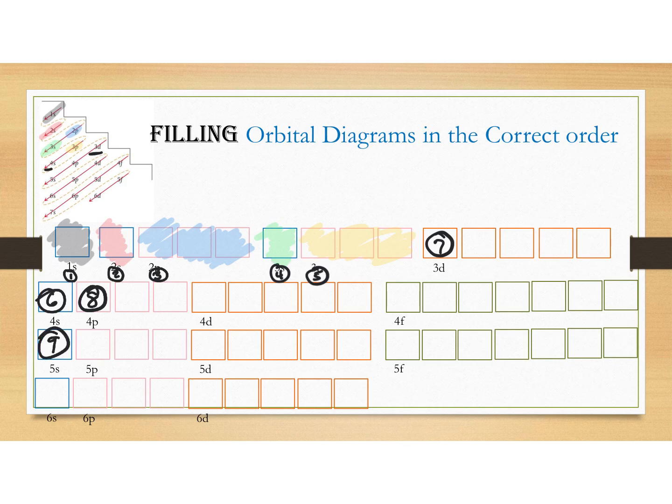Once I get the 5s, then I move to the 4d. So 5s, 4d. After the 4d, I move to the 5p. After the 5p, I go to the 6s.